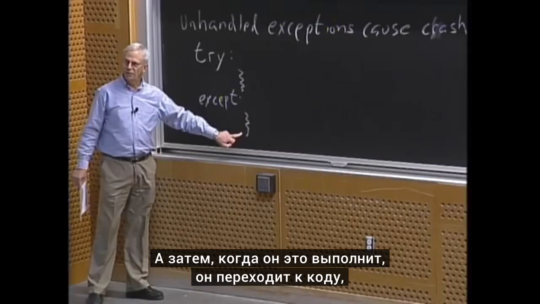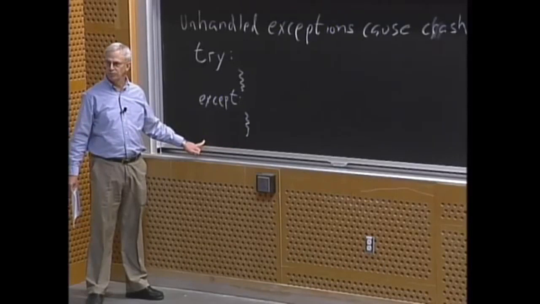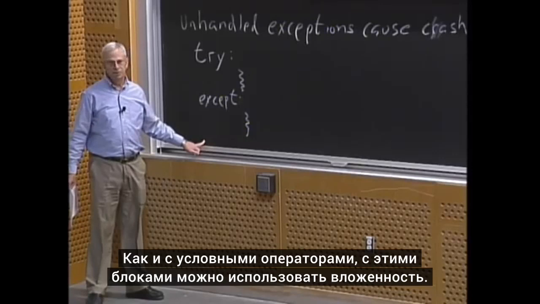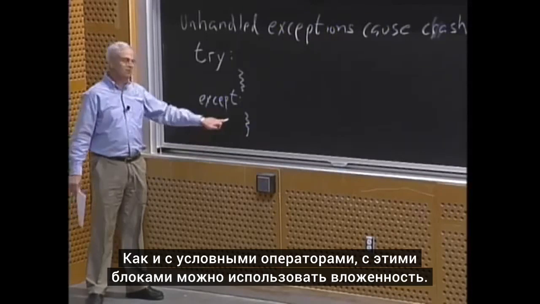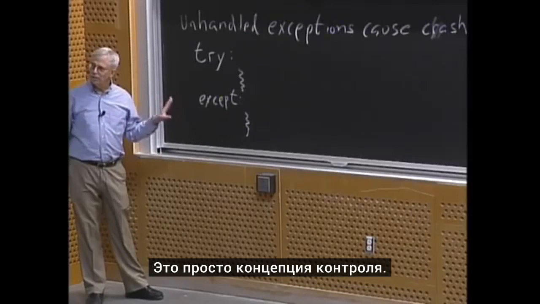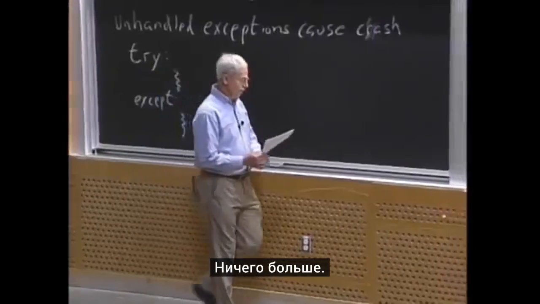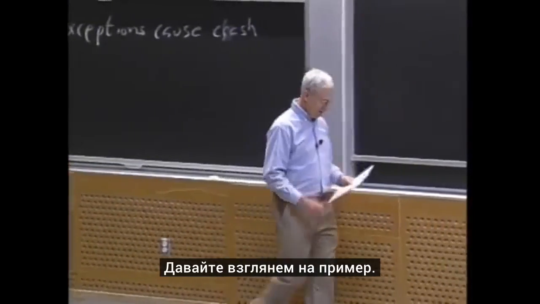And then when it finishes this, it again goes to the code following the except. Just like an if, you can nest these things. It's just a control concept. It's nothing more. Let's look at an example.